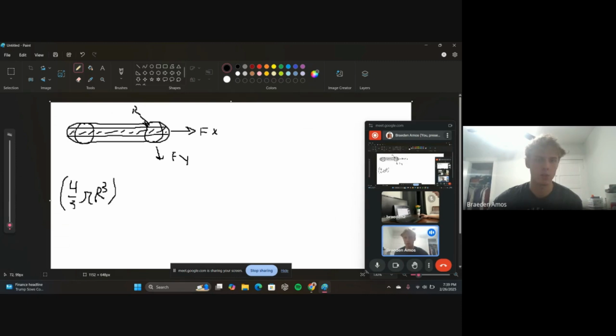And then since we're only focusing on one side of those half spheres, we're only focusing on 1/4 of that volume. And the force is just rho times gravitational constant times volume. So we have the radius, so we multiply it by rho times gravitational constant, and that is our Fy.